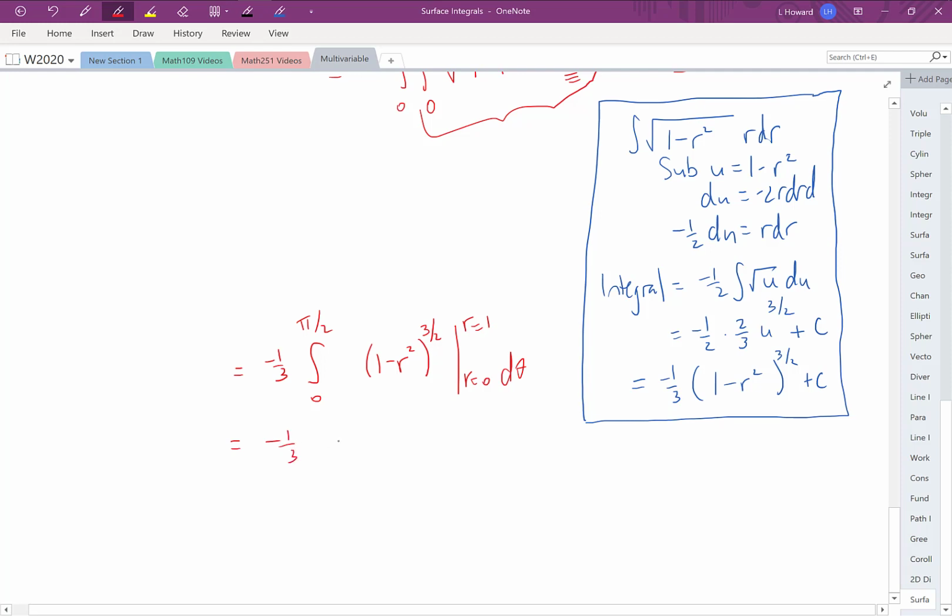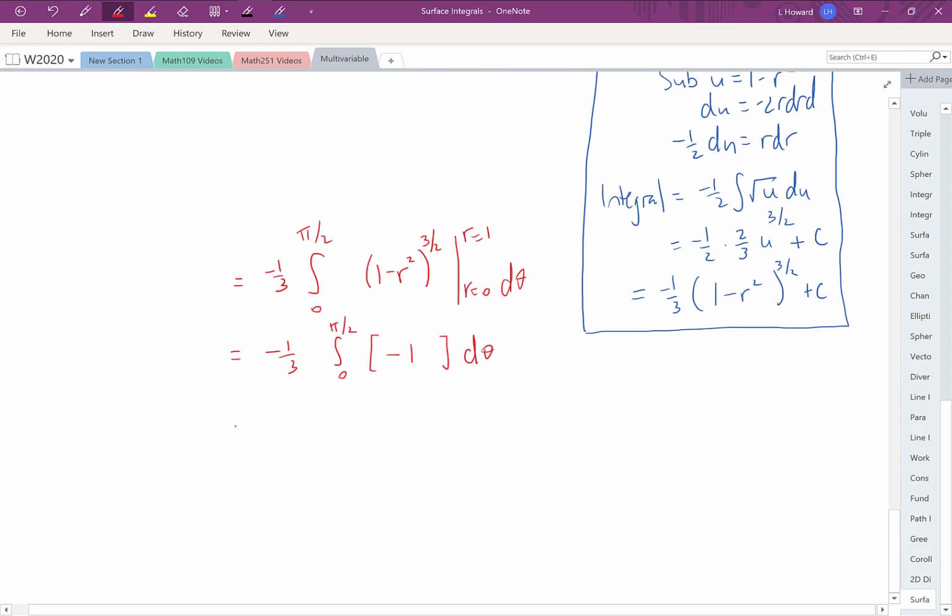We've got minus 1/3 times the integral from 0 to pi over 2 d theta, and then evaluating at r equal 1 we get 0, and at r equals 0 we get minus 1. So that's looking good. Bringing all our constants out in front then, we've got positive 1/3 times the integral from 0 to pi over 2 d theta, and this part here is just going to give us pi over 2. So for our final answer, for our surface integral, pi over 6.